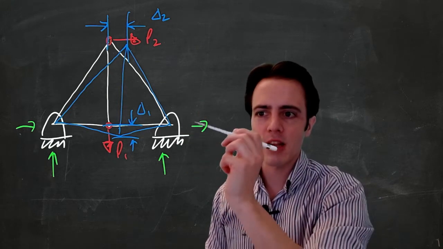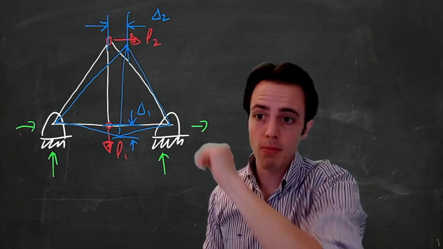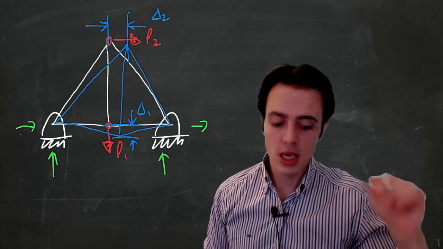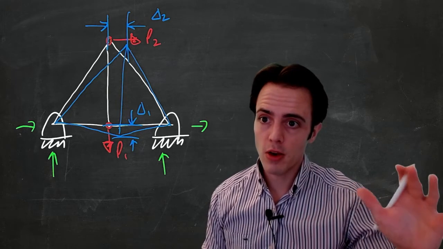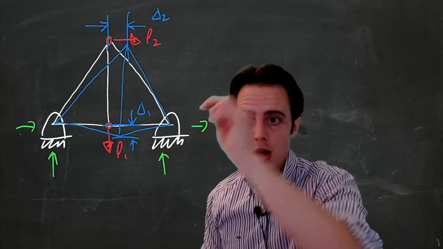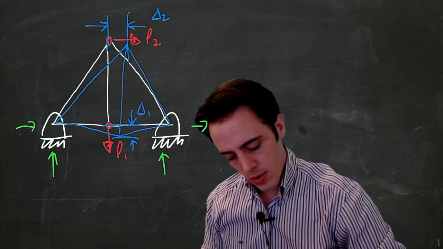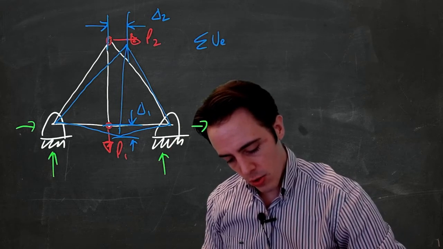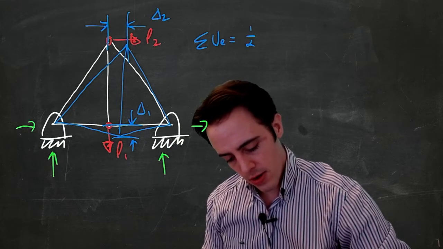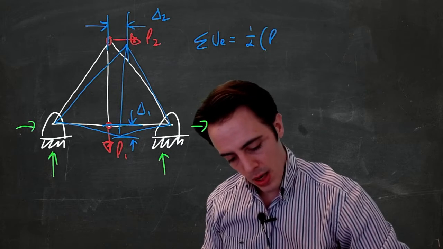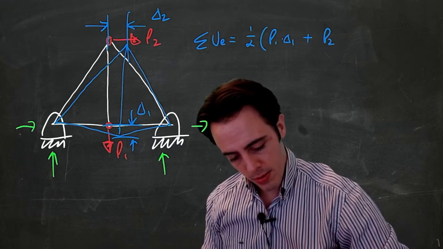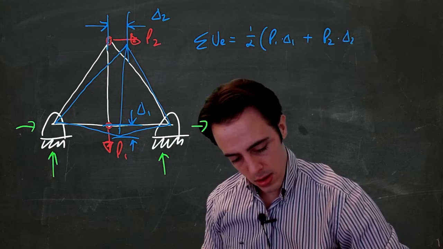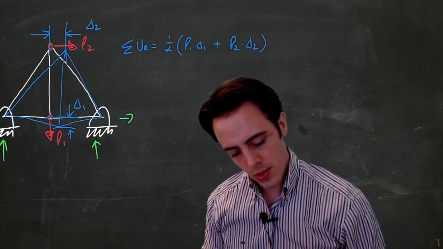We've got two displacements, delta 1 and delta 2, P1 and P2. And I said that we could simply write the sum of external work done will be equal to this external work plus this external work. So the sum of external work for this would be a half multiplied by P1 multiplied by delta 1 plus P2 multiplied by delta 2.